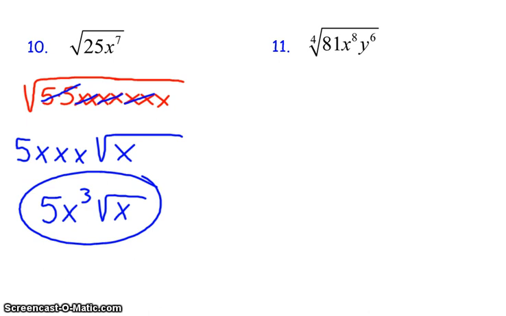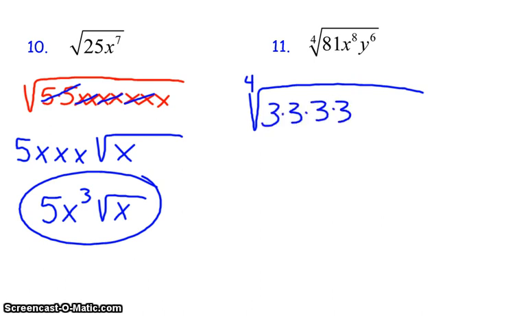Let's do the same thing for number 11. If we factored it, we have a 4th root. 81 is 9 times 9. So 3 times 3 times 3 times 3. And then we have 8 x's, and we have 6 y's.